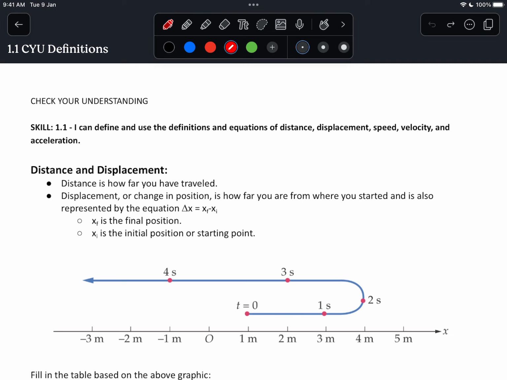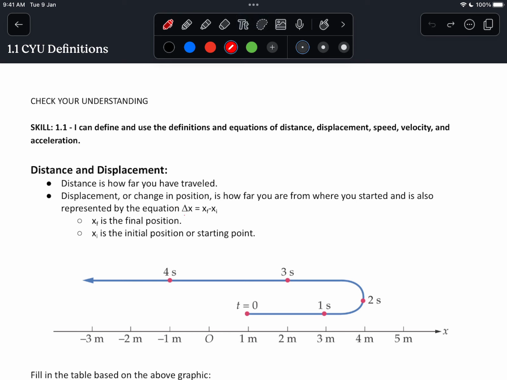Displacement, or change in position, is how far you are from where you started, and is also represented by the equation. This little triangle here means change. So it's the change in x. Now this change in x can be figured out by looking at xf minus xi. Well, what do those two mean?